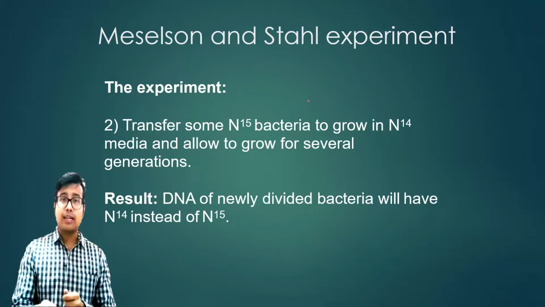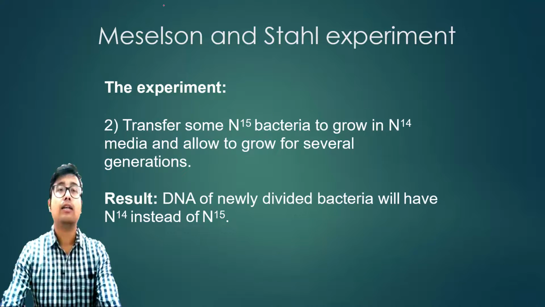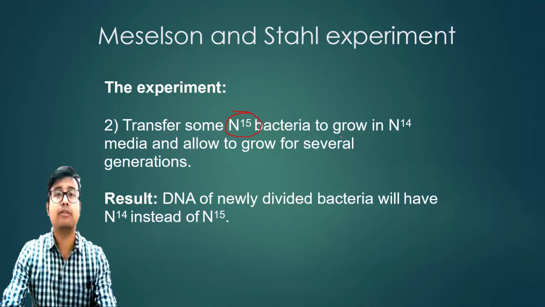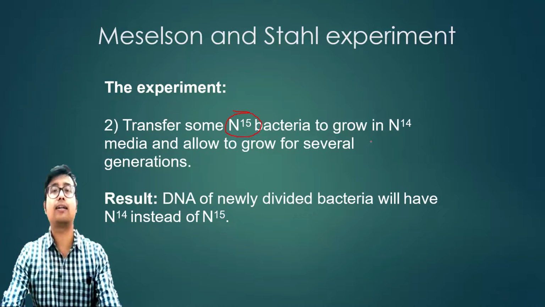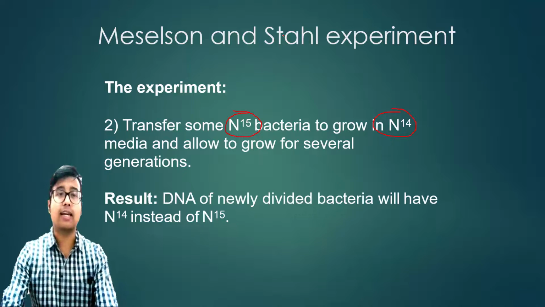But as a part of their experiment, they also transferred some of the bacteria from N15. They took some amount of bacteria from the N15 and transferred that to a medium of ammonium chloride that contained N14 nitrogen.